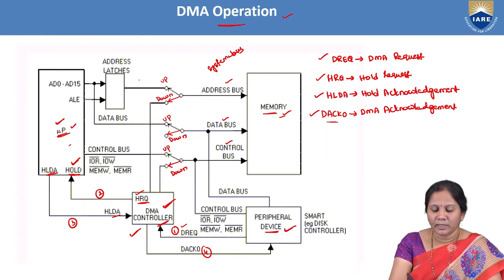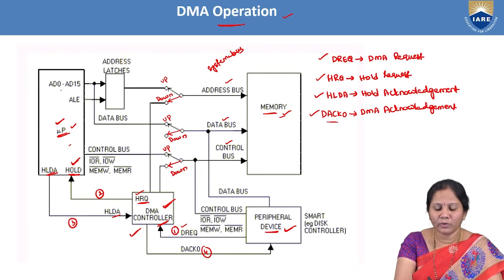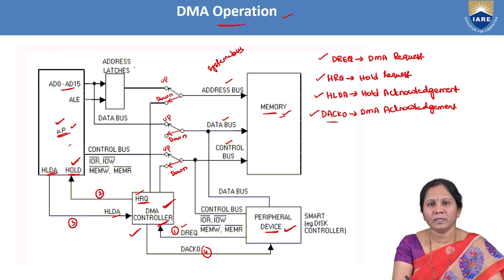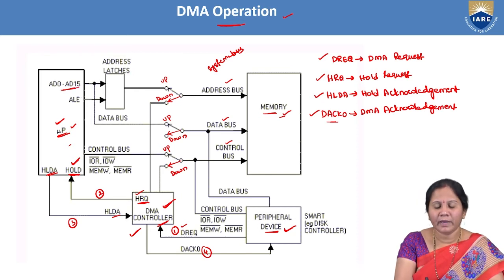And here, to this address bus, generally we know the 8086 microprocessor has a 20-bit address bus and a 16-bit data bus. Among that, we have address data multiplexed lines in the 8086 microprocessor, from AD0 to AD15.